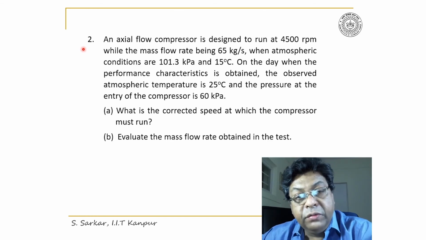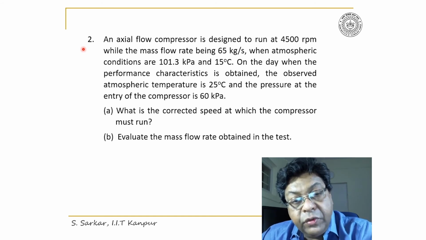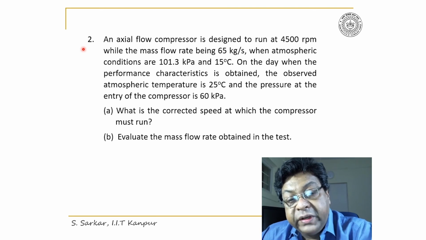The second problem was: an axial flow compressor is designed to run at 4,500 RPM while the mass flow rate being 65 kg per second when the atmospheric conditions are 101.3 kilopascal and 15 degrees Celsius. On the day when performance characteristics is obtained, the observed atmospheric temperature is 25 degrees Celsius.